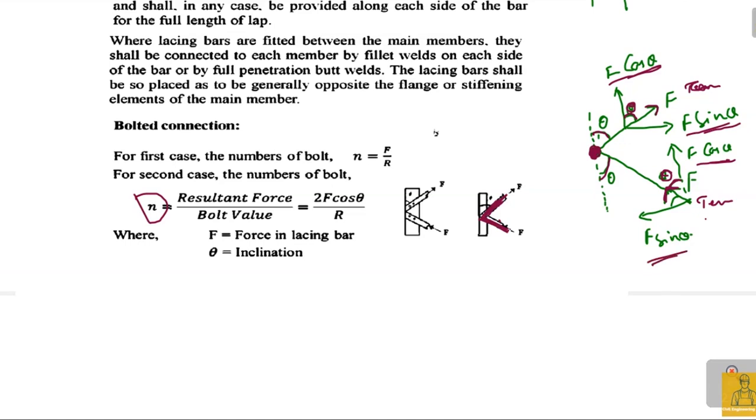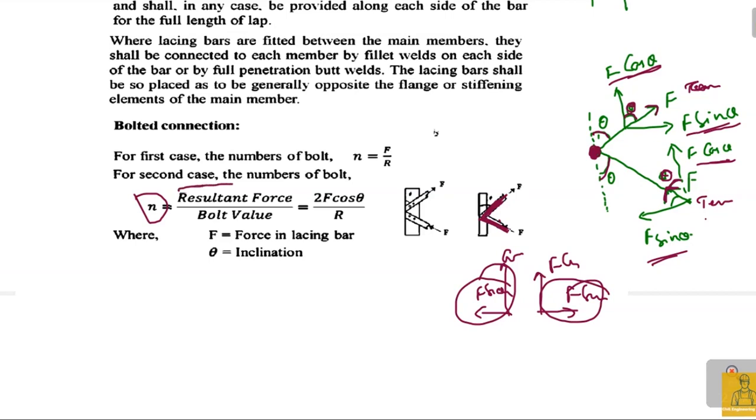This F sin theta and F sin theta are equal and in opposite directions, so they nullify each other. What is the net force at the bolt? Upward 2F cos theta.